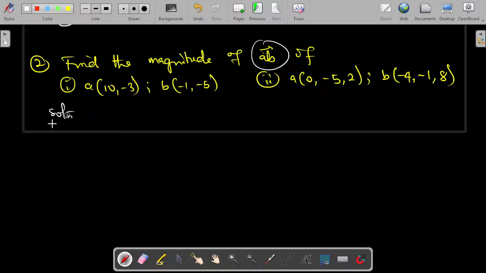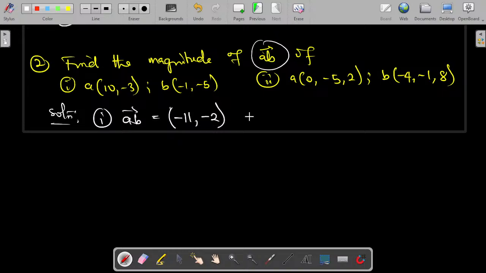So for I, our AB is going to be equal to B minus A, so it's going to be equal to minus 1 minus 10, which is minus 11, and minus 5 minus 3, that's going to give us minus 2.